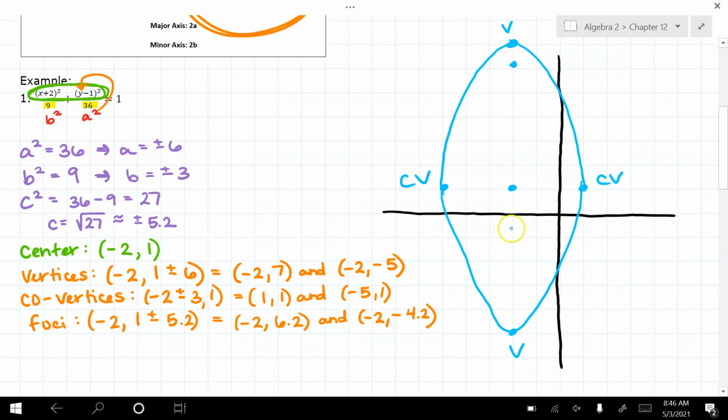And then we're going down -4.2. Okay, let's turn the page over.